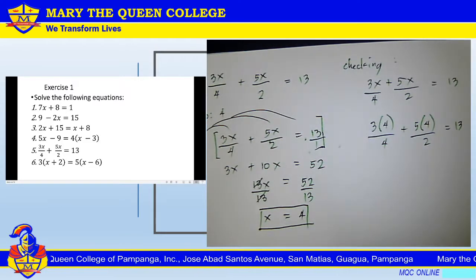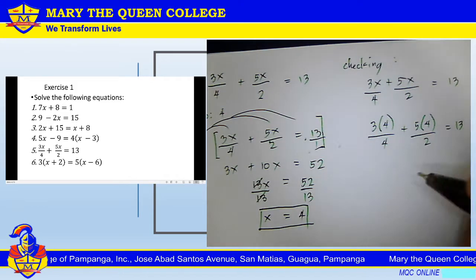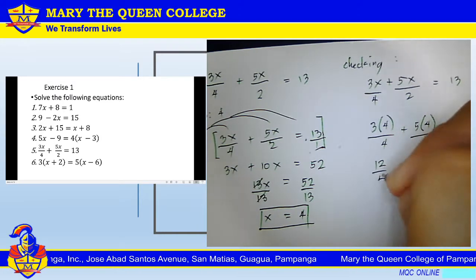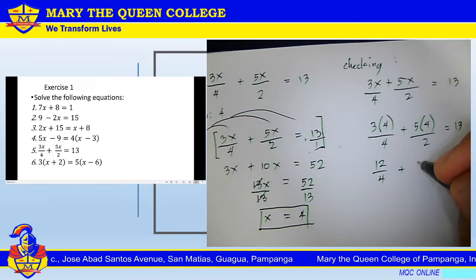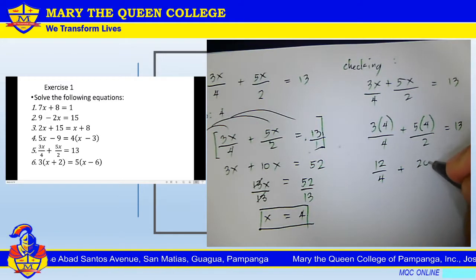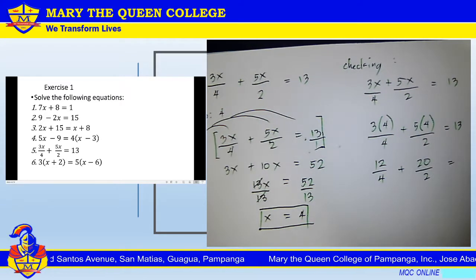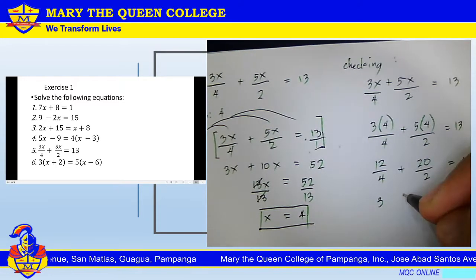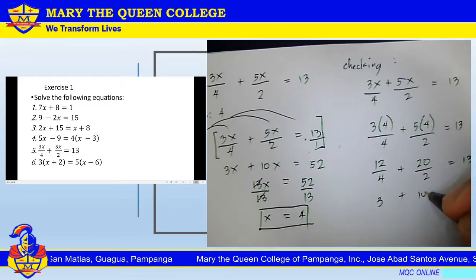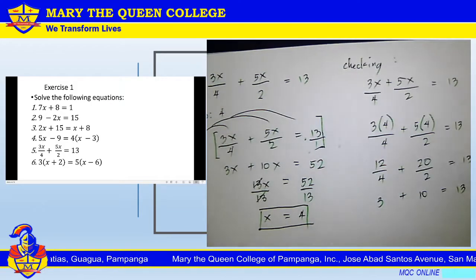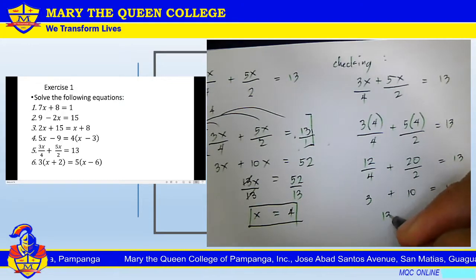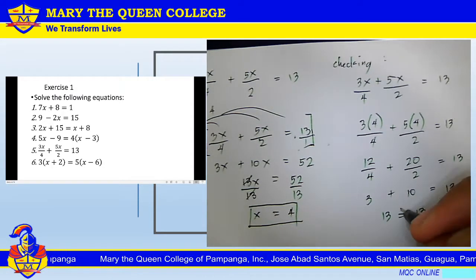And simplifying it further, we have 3 times 4, that is 12 over 4, plus 5 times 4, that would be 20 over 2, is equals to 13. So 12 divided by 4, that would be 3, plus 20 divided by 2, that would be 10, is equals to 13. Okay? So we can now have 3 plus 10, that is 13, is equals to 13.